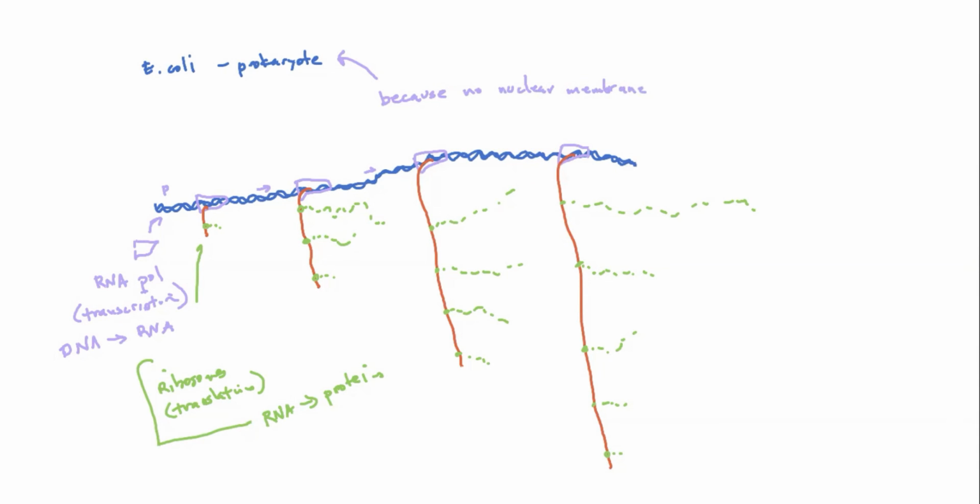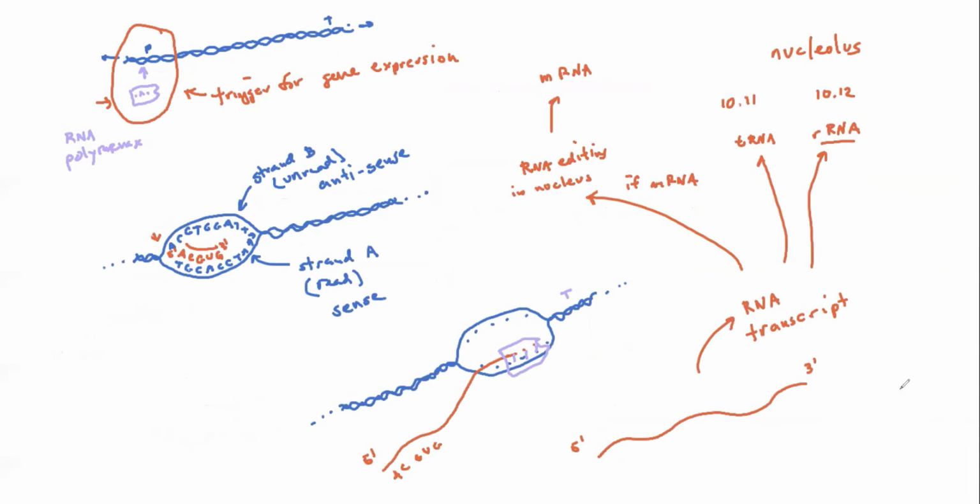So in contrast to eukaryotes, where this whole process takes place in the nucleus, after we finish making our messenger RNA molecule, or our tRNA or rRNA molecules, those molecules are exported outside of the nucleus, and then they can undergo the process of translation.